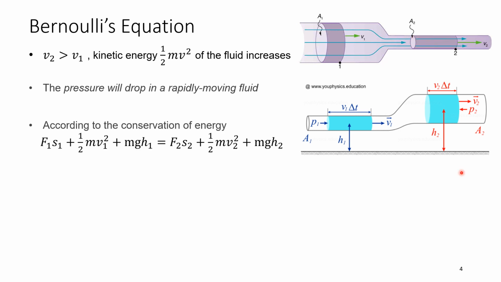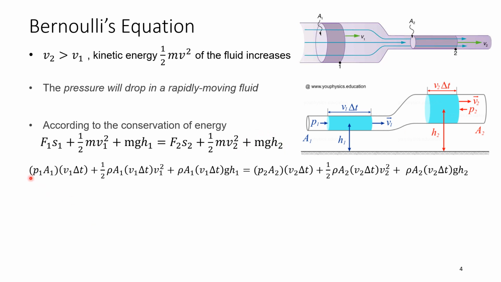According to the conservation of energy, we have the work due to pressure P1, that is the force F1 times the distance S1, which is related to the velocity, plus kinetic energy plus potential energy at position 1, equals the work due to P2 plus kinetic energy plus potential energy.